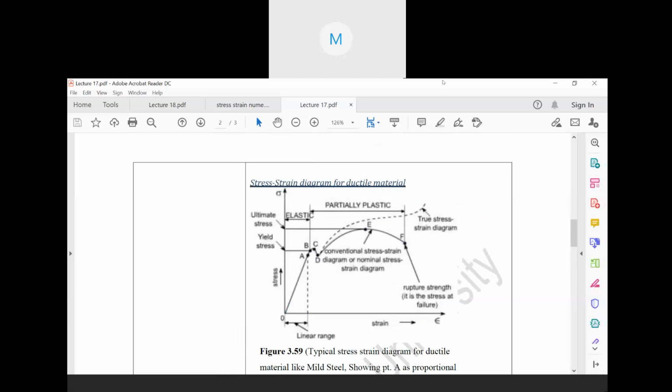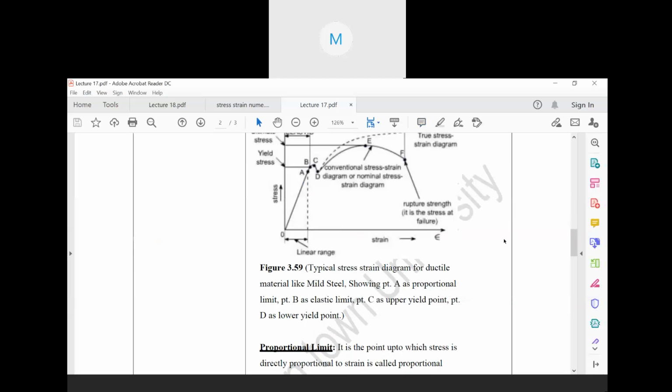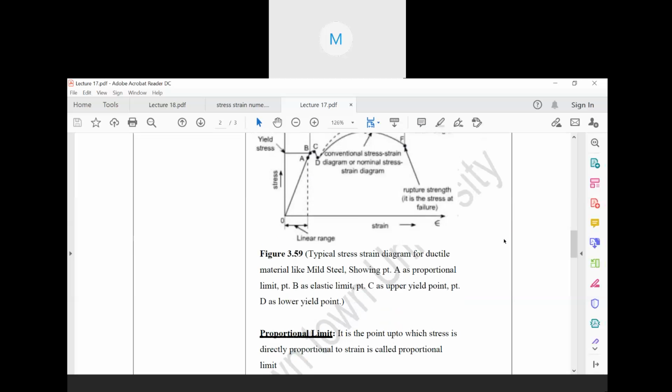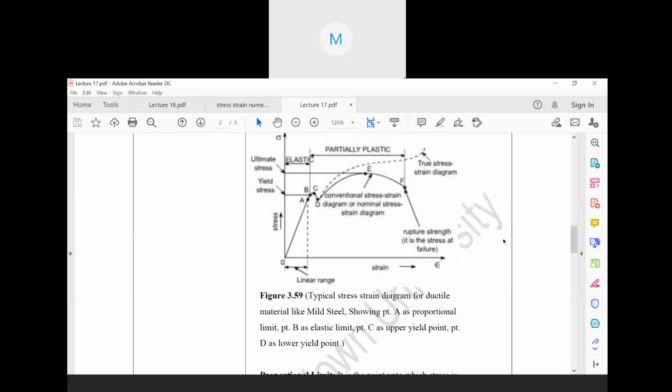If you see the diagram, the elastic part is up to point B, but the stress is directly proportional to strain only in the linear range, that is, from O to A. Point B is known as the elastic limit, not the proportional limit.